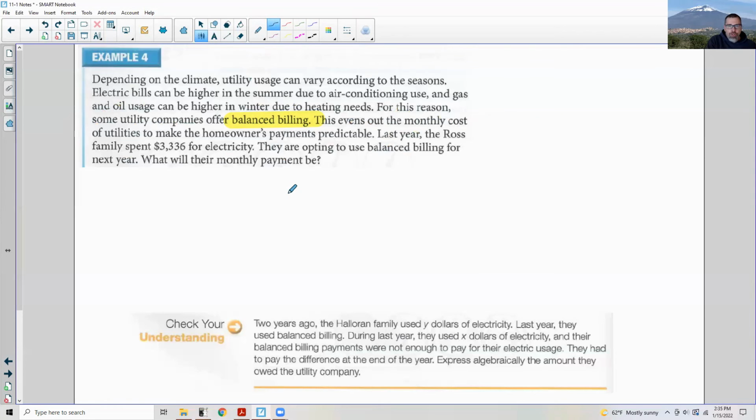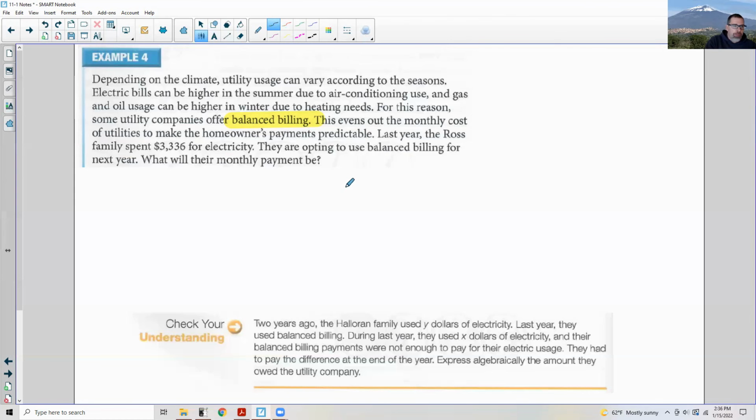In order to avoid those big, huge payments in the summer, you could do a cost averaging and average out your whole year's bills and divide that by 12, and then that would give you a stable monthly amount so that you aren't getting hit really hard with a large bill in the summer, and vice versa with gas or fuel oil in the winter. So anyway, it evens out the monthly cost of utilities to make homeowners' payments predictable.